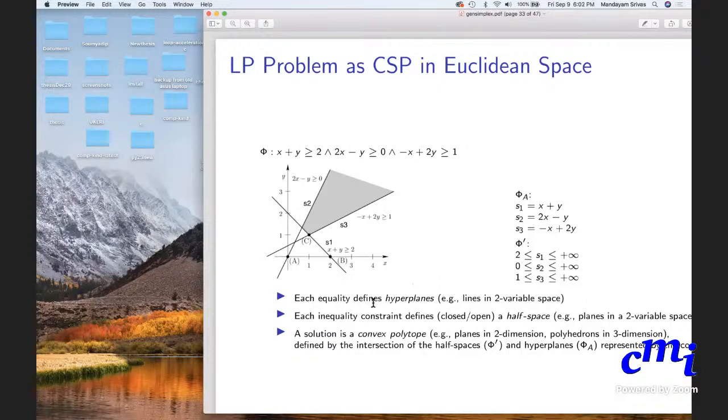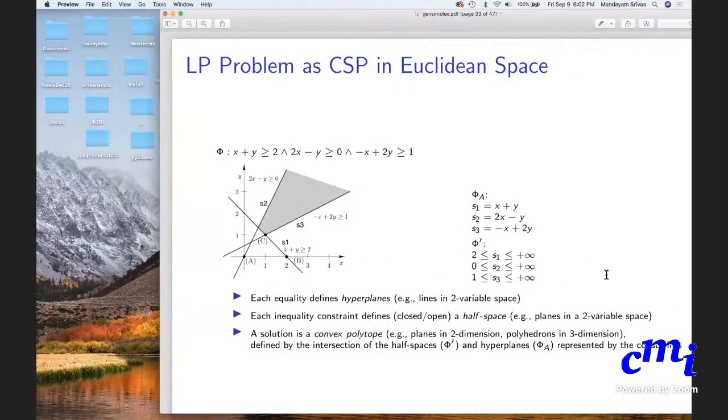Each equality defines a hyperplane, for example a line in the two-variable space. Each equality here, for example s1, s2, s3, corresponds to these lines s1, s2, and s3 shown here. And each inequality constraint defines what is usually called a half space, that is a plane in a two-variable space.